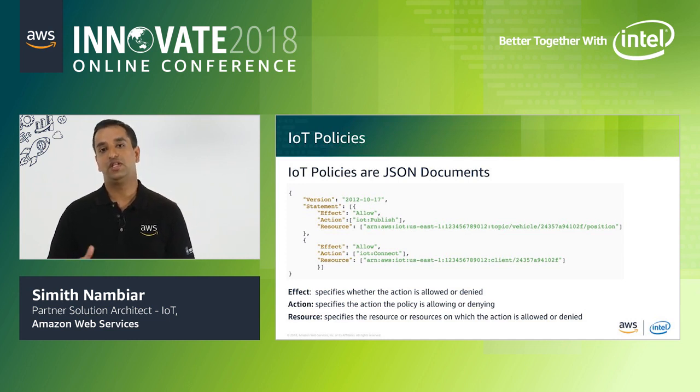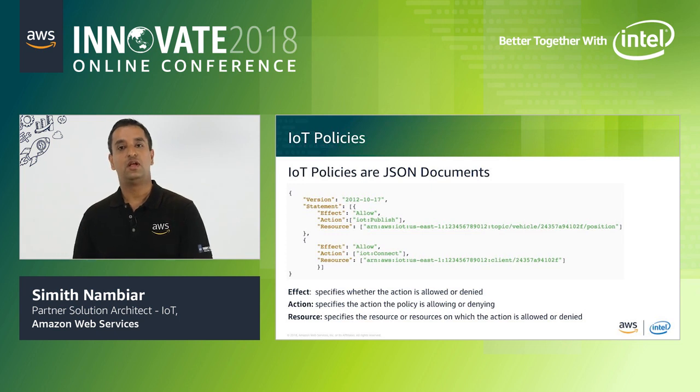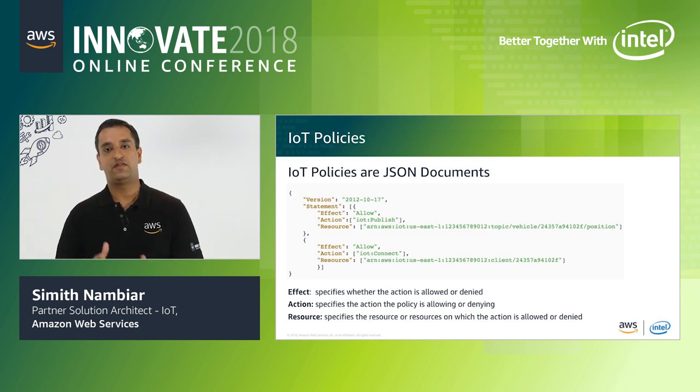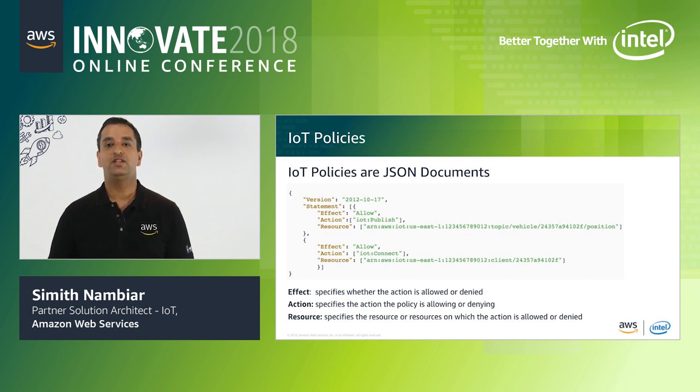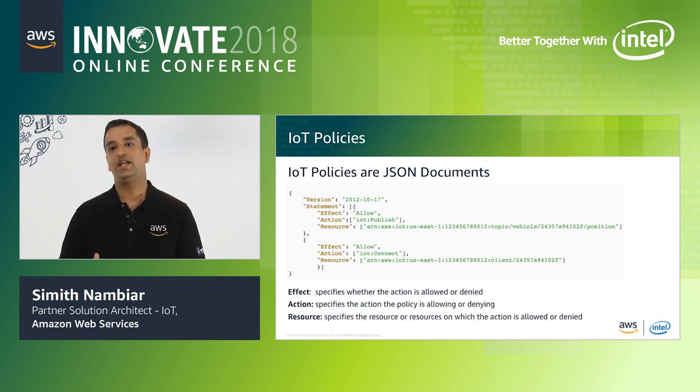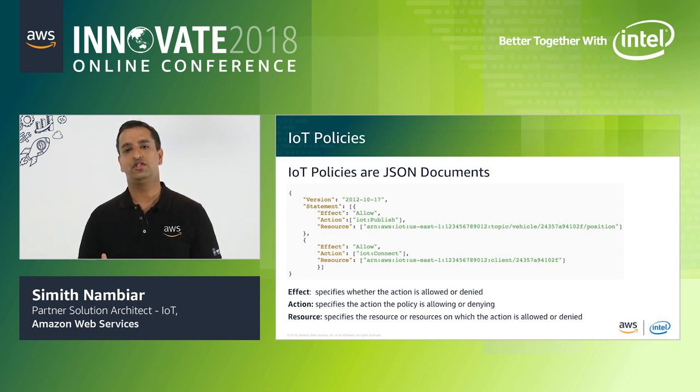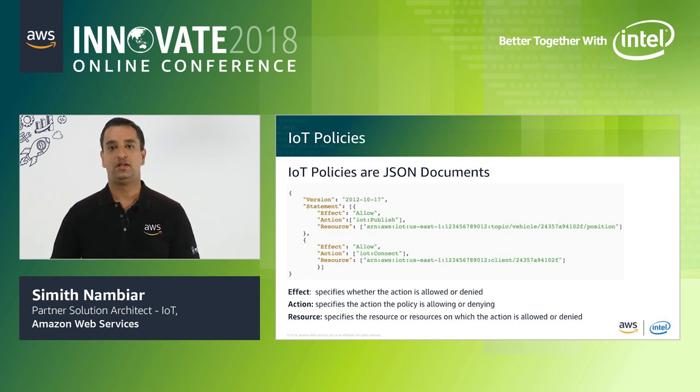The resource specifies the resource or resources on which the action is allowed or denied. The policy in this example grants the vehicle permission to connect to the AWS IoT message broker using a particular client ID and restricts the device to publish on a specific MQTT topic, vehicle/vehicleID/position. They follow the same conventions as IAM policies.